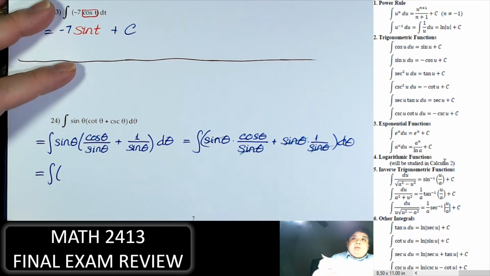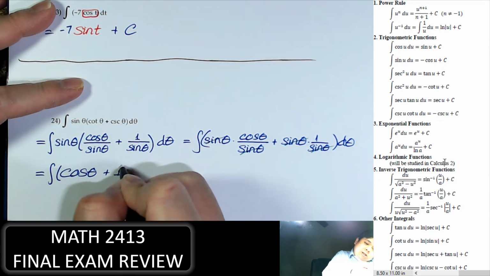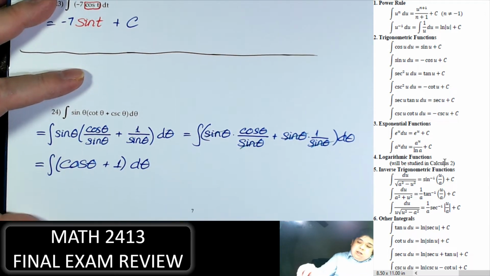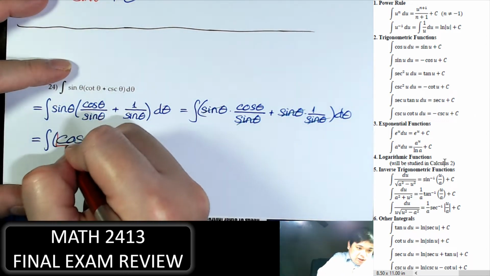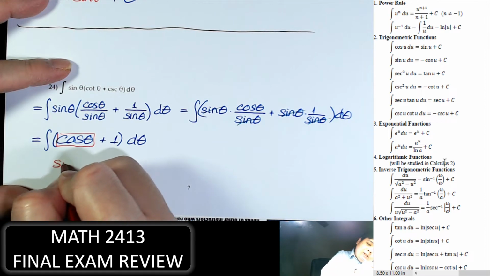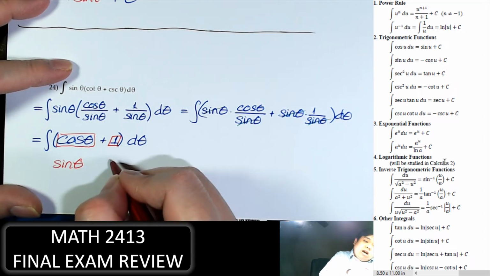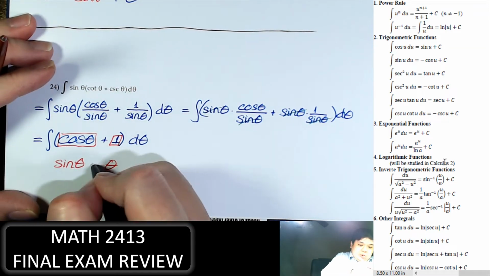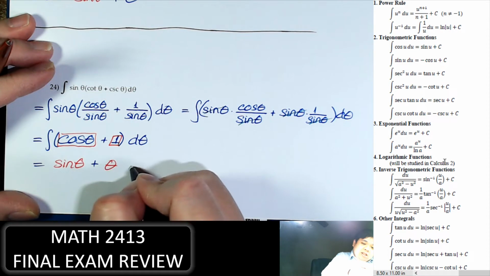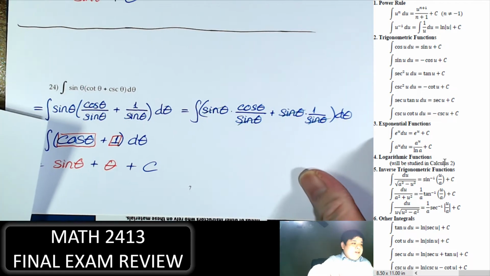Just have cosine plus 1. And the integral of cosine is sine. And the integral of a constant is the constant times the variable. So 1 times theta plus c. Yeah, so pretty much that.